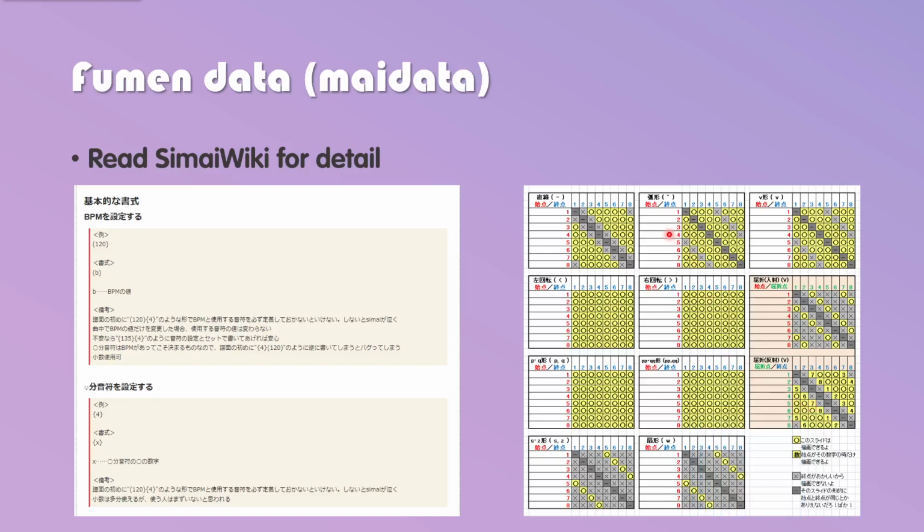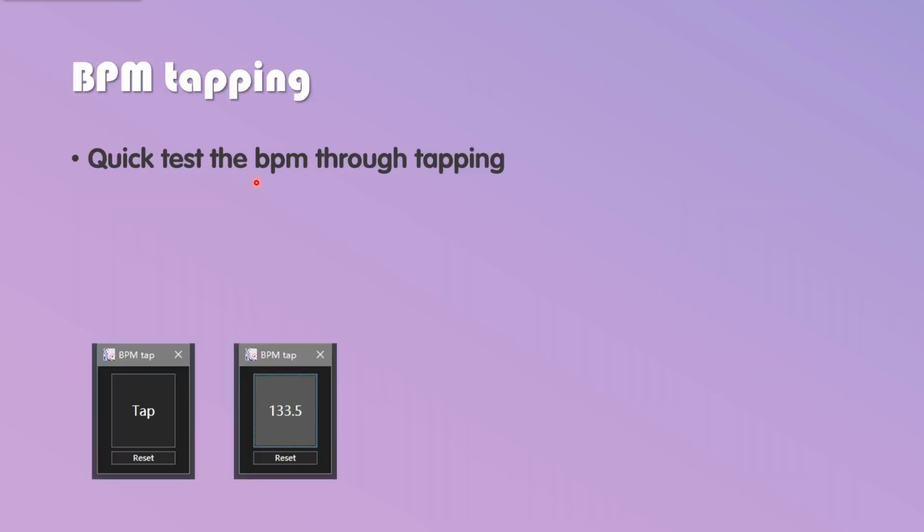So next, the fullman data. You could just go to Celica's CMI wiki for it, and it basically covers all the things you need to pay attention to, and that's another story. So I assume that you could test the BPM yourself, and here's a small tool for BPM tapping.